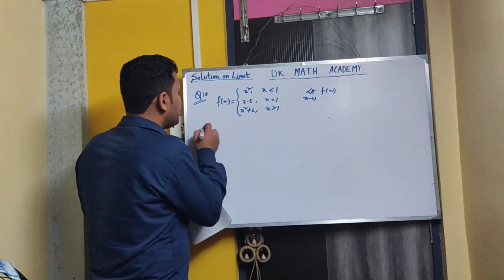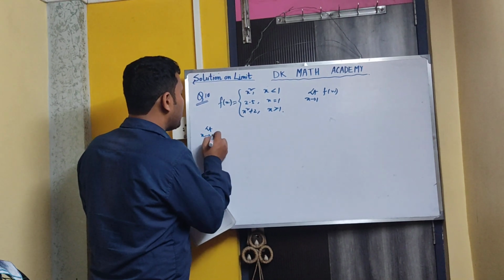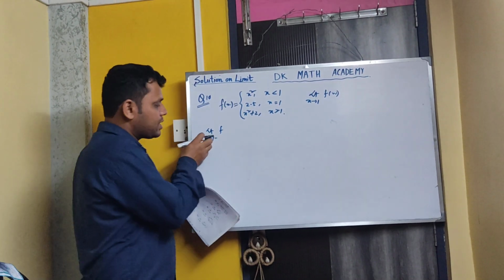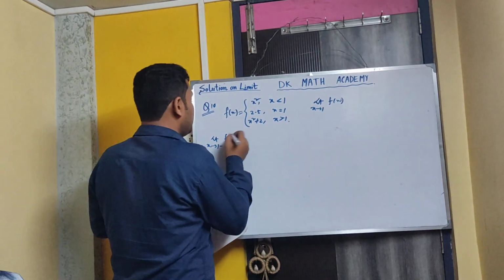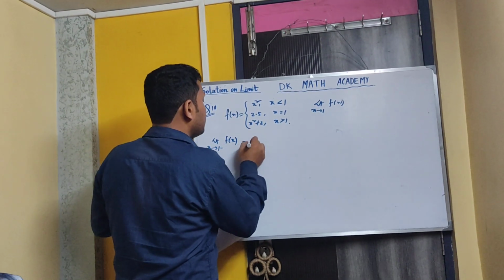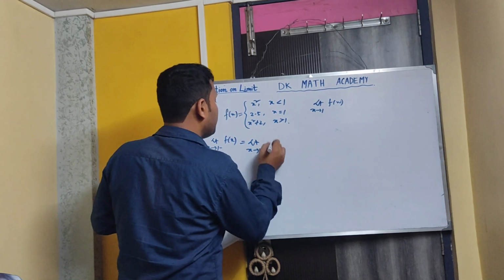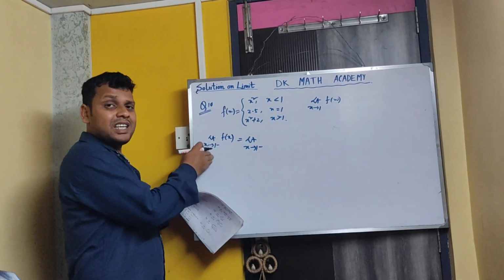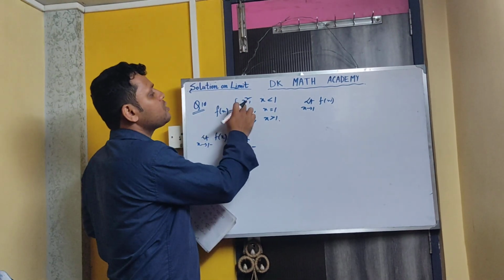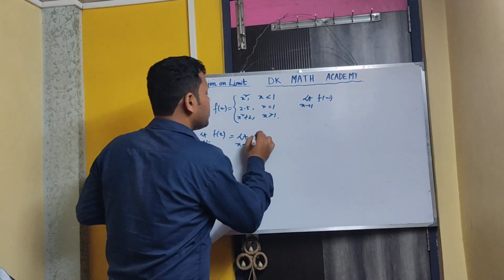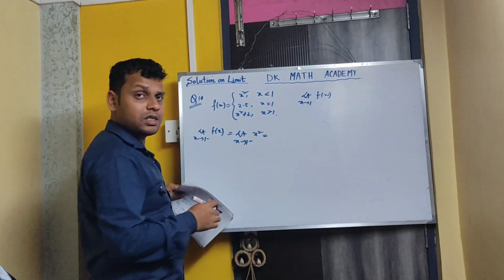Let's see the left sided limit, x tends to 1 minus, that means x goes to 1 from values less than 1. Here when x is less than 1, f(x) equals x square.